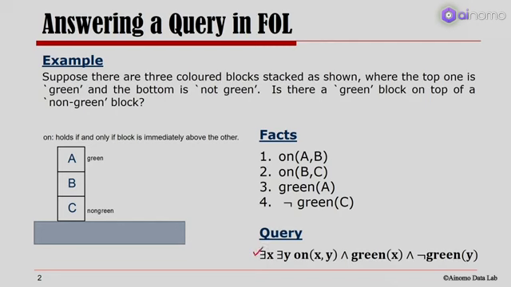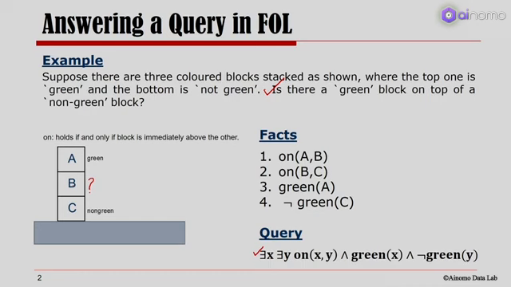Intuitively, B could be either green or not green. If B is green, then the statement is true because I have a green block B on top of a non-green block C. On the other hand, if B is non-green, then the statement is also true because then I have A, a green block, on top of B, a non-green block.